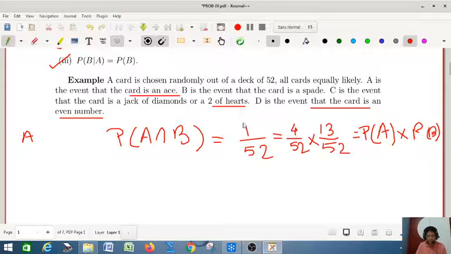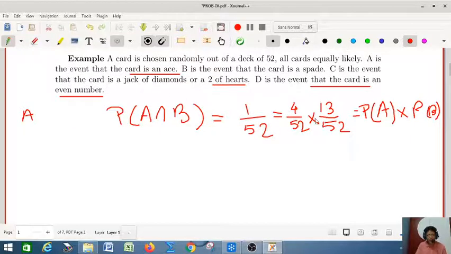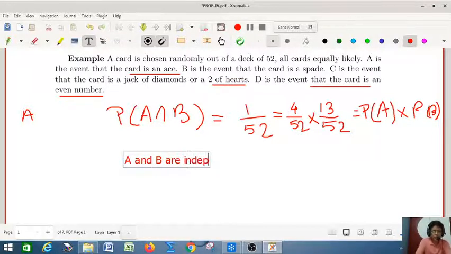So these two values will be equal. So you see A and B are independent. From this calculated result, we can say that A and B are independent, right? You can check and verify this.